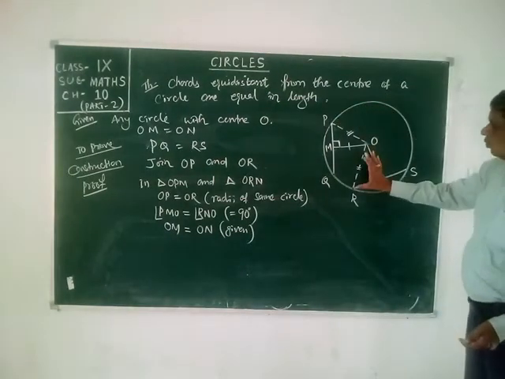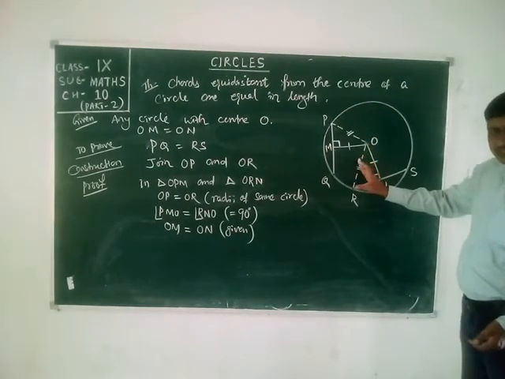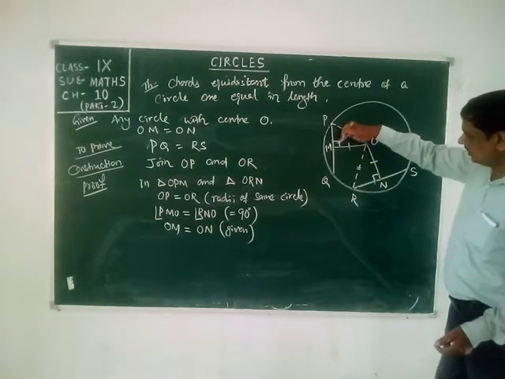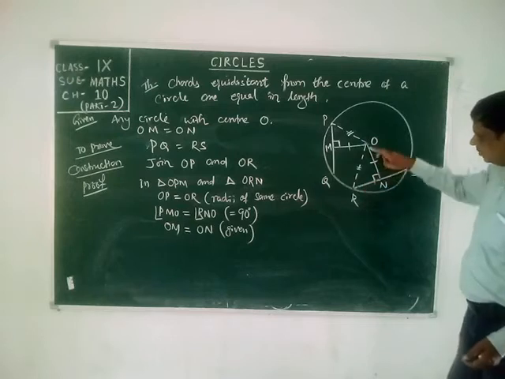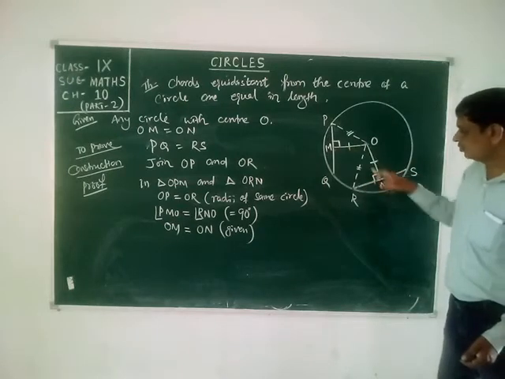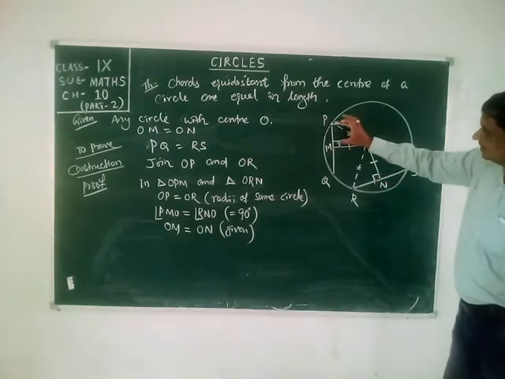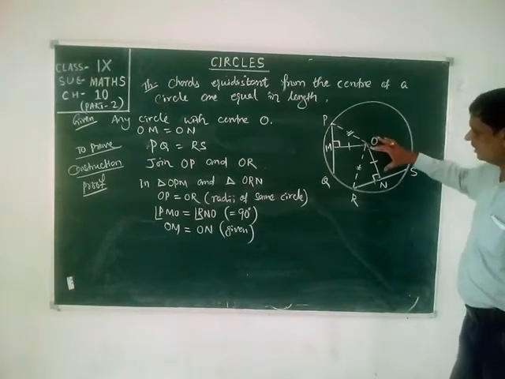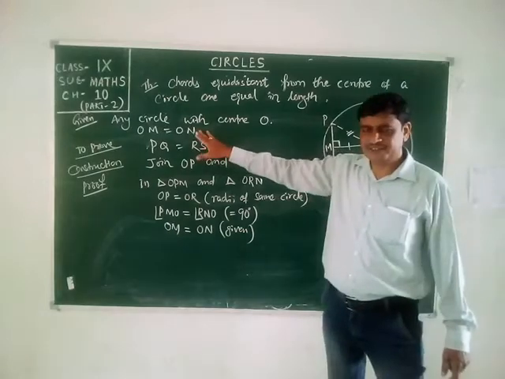So the hypotenuses OP and OR are equal, the angles PMO and RNO are both 90 degrees, and OM and ON are equal, as given in the theorem.